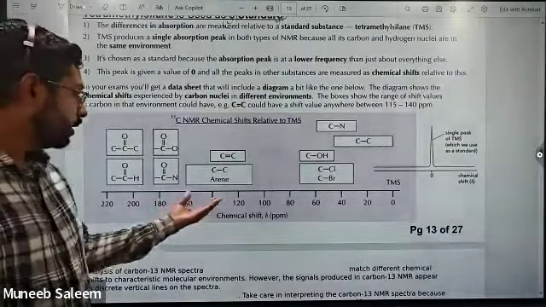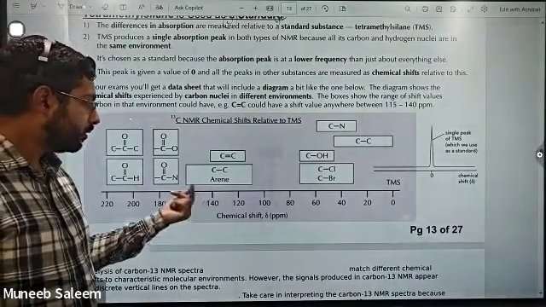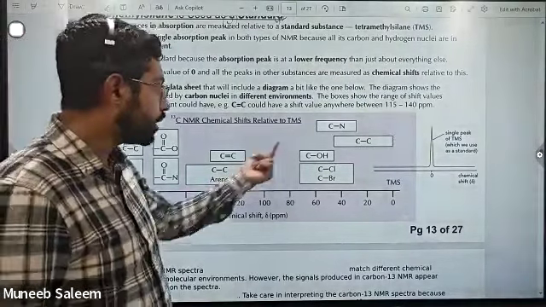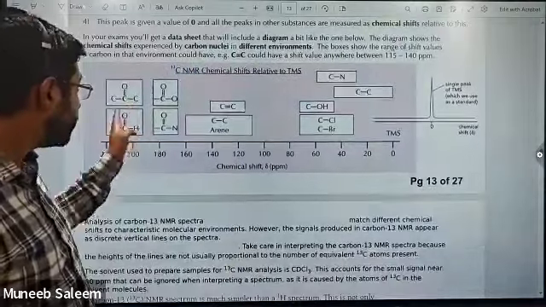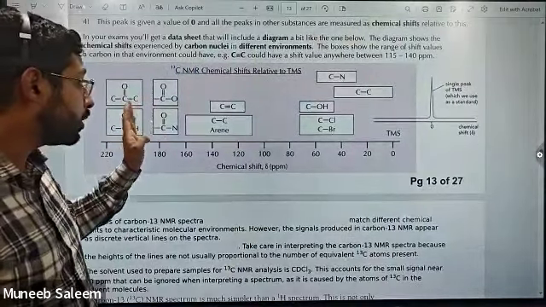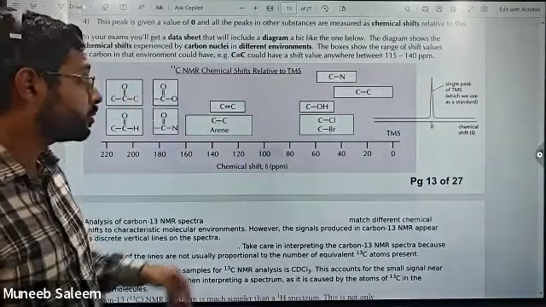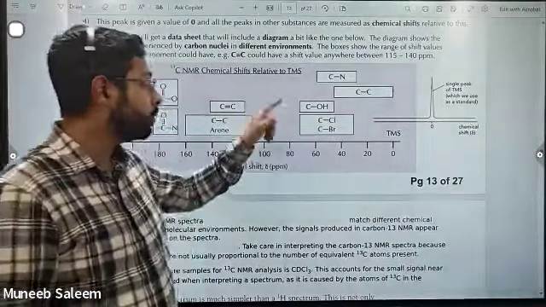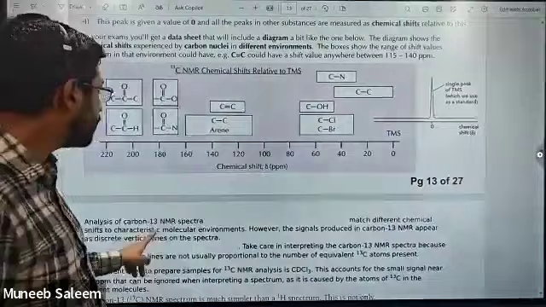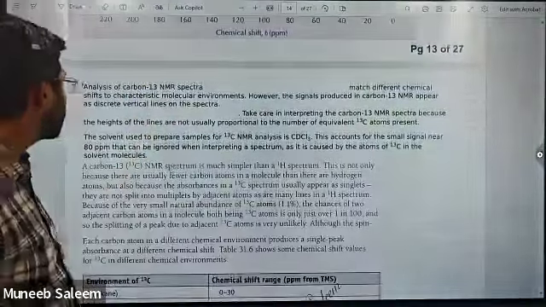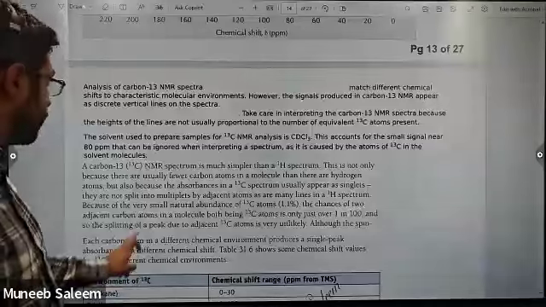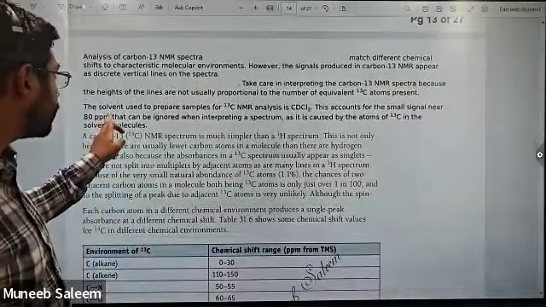Now this is a table which indicates the chemical shift values of different carbon atoms which we have just seen in the table. Some carbons are part of the carboxylic group, some are next to the hydroxyl group, that is, carbon bonded with a single oxygen atom. Now we are going to use the solvent.